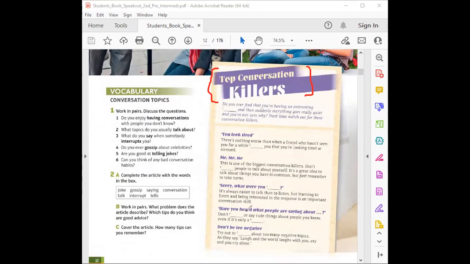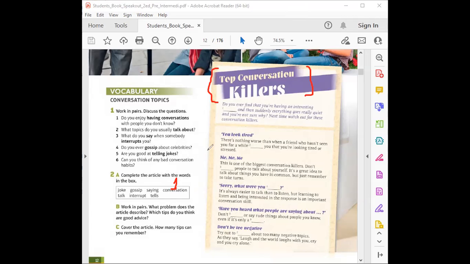Do you ever find that you are having an interesting conversation and then suddenly everything goes really quiet and you are not sure why? Next time, watch out for these conversation killers. Thank you. So we know that the first one is conversation killers. Okay. Now, Layla, continue, please.